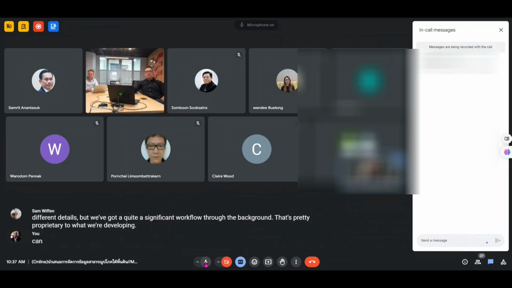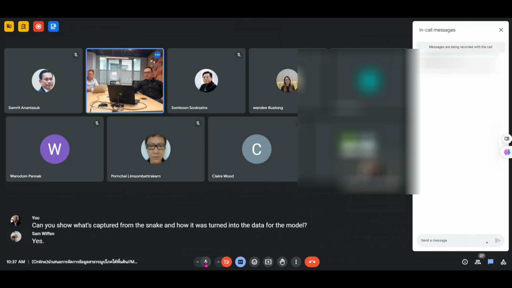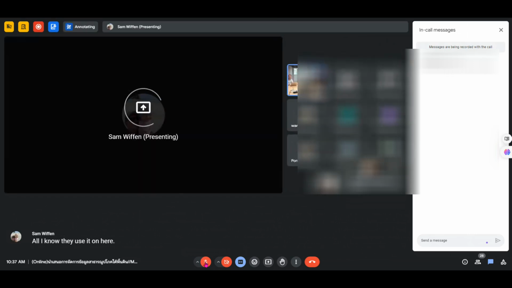Can you show what's captured from the snake and how it was turned into the data for the model? Yes. Yeah. I know they use it on here, so let's have a look.